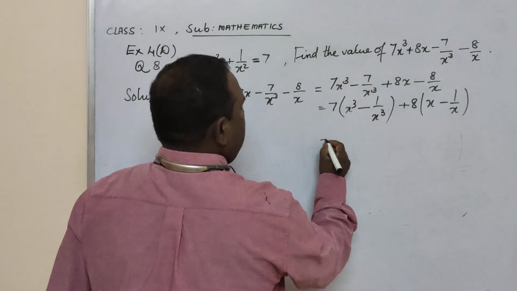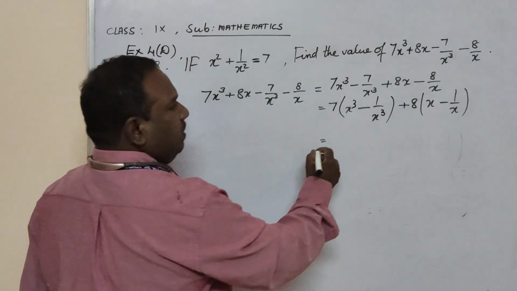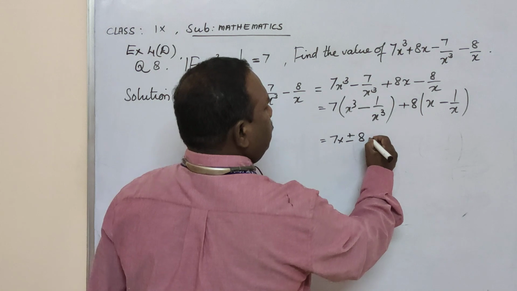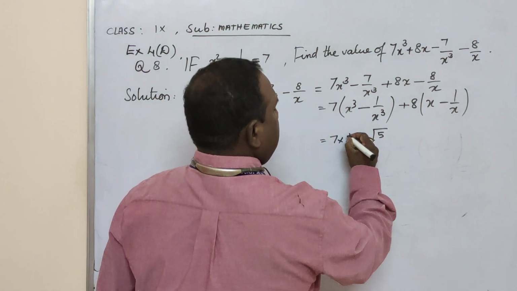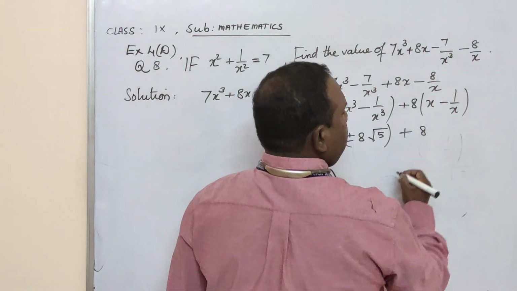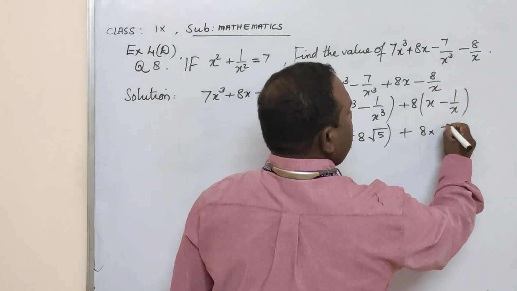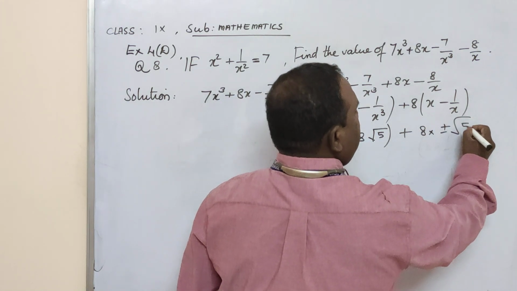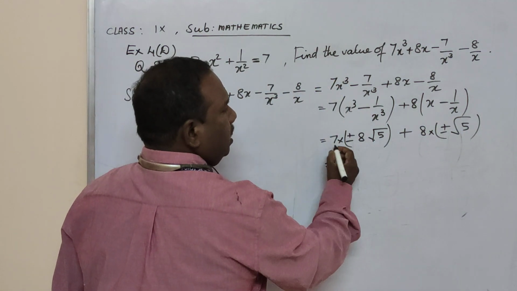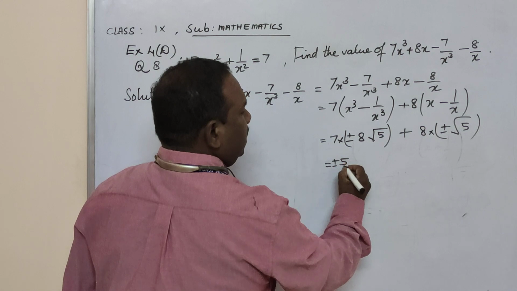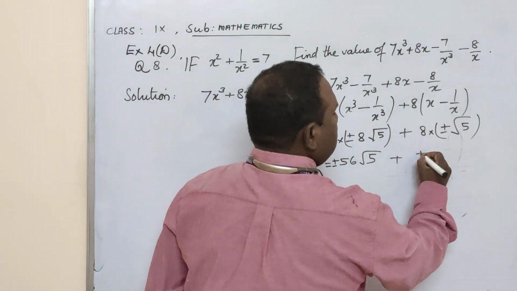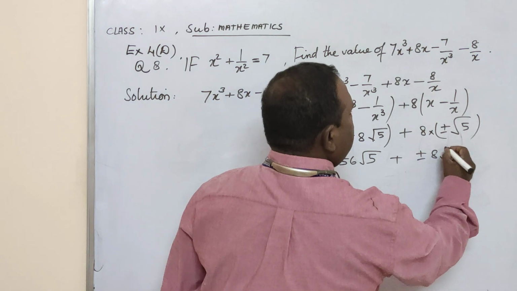After substituting the values here, 7 into plus or minus 8 root 5 plus 8 into plus or minus root 5. So this becomes 56 plus or minus 56 root 5 plus or minus 8 root 5.